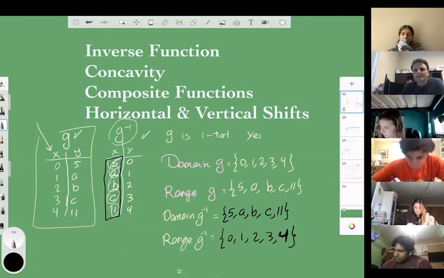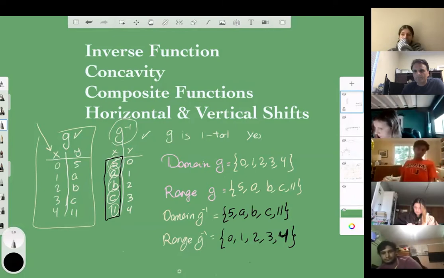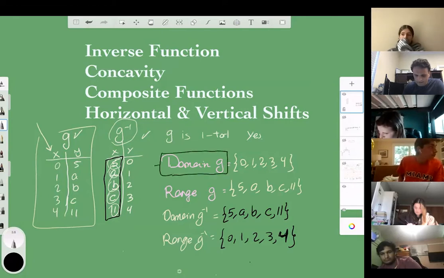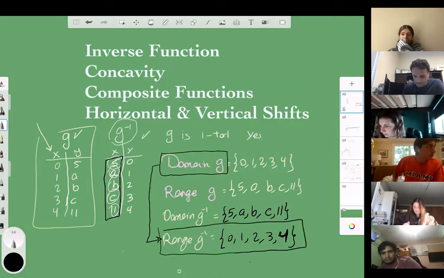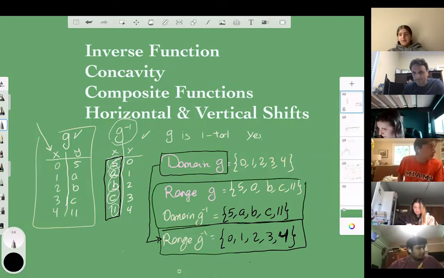What do you guys see here in comment? We see that the domain of G is exactly the same as the range of G inverse, and the range of G equals the domain of G inverse. So this is very important.